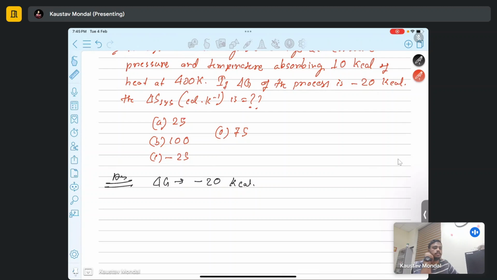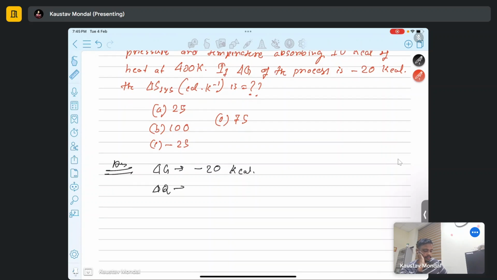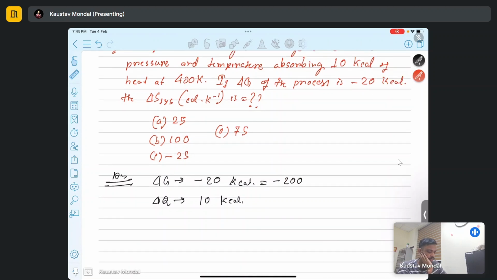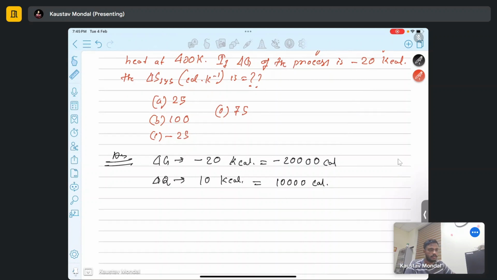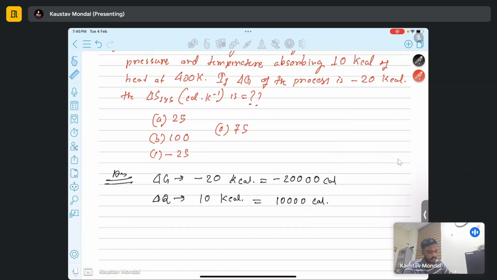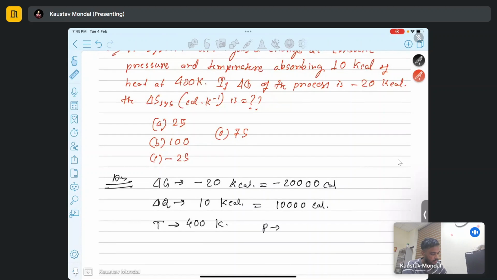And the change in heat, delta Q, is given as 10 kilocalorie. Everything should be in calorie, because if you see the answer is given in calorie, so it's better to write it in calorie. So that will be minus 20,000 calorie and this will be 10,000 calorie, right? Now these two are given, and temperature T is given as 400 Kelvin. It's constant, and pressure also remains constant, so there is no change in temperature and pressure.